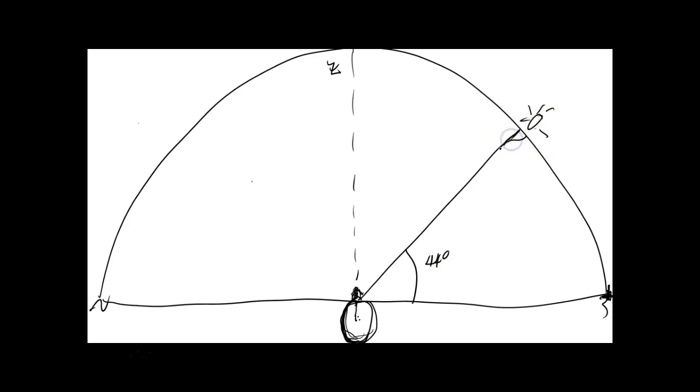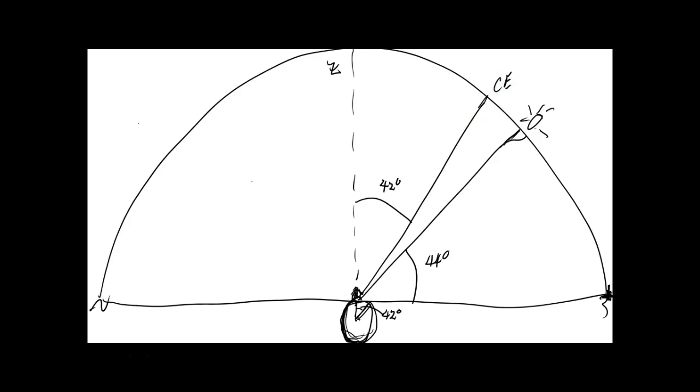Now, obviously I bumped something and it didn't go too well. 44 degrees, okay? He knows that the latitude of his chosen spot on the Hudson River is 42 degrees. So that means this angle right here is 42 degrees, which means that this angle right here is 42 degrees, okay? And that means this is the celestial equator.